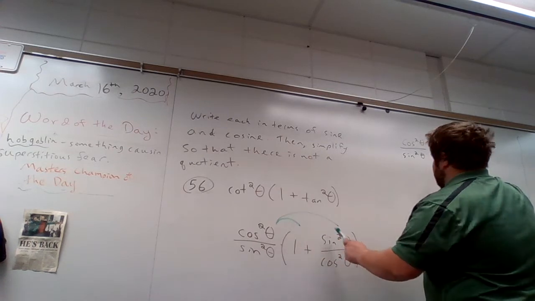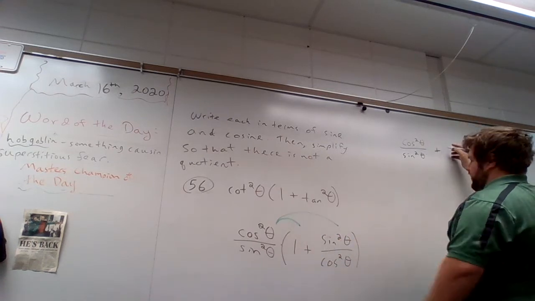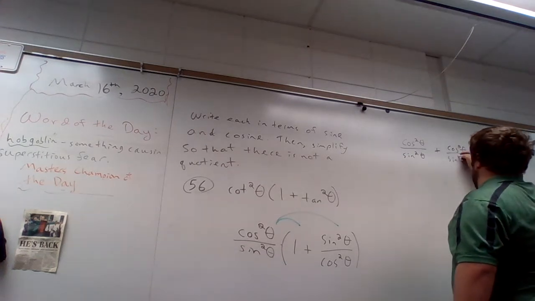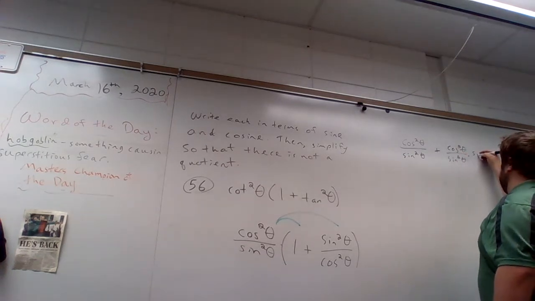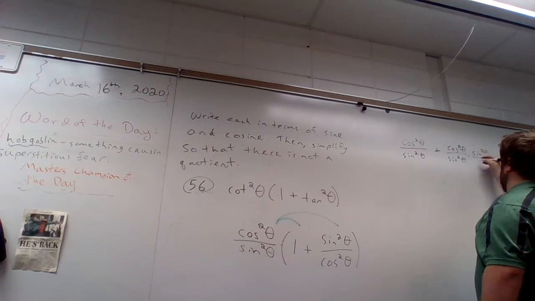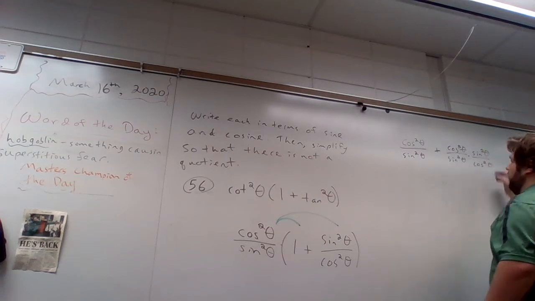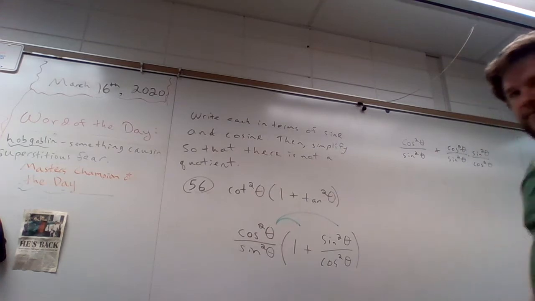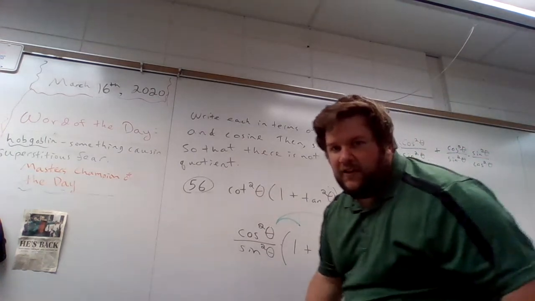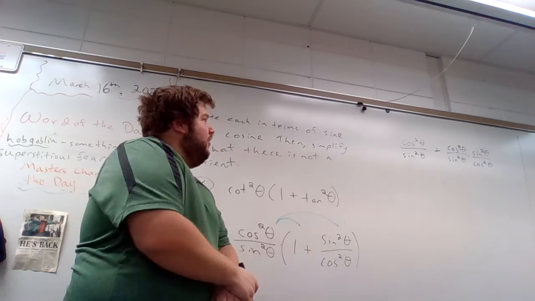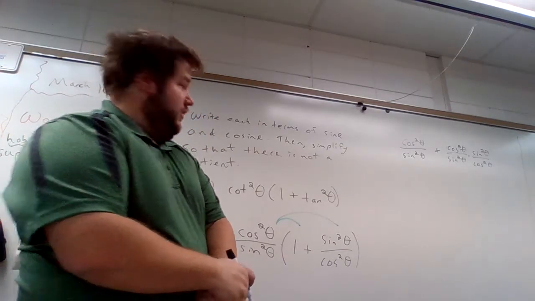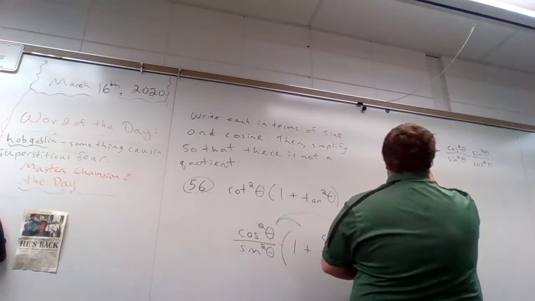And then this times this is cosine squared over sine squared times sine squared over cosine squared. Okay, so it looks like a hot mess. It's actually not so bad, okay? I think I got everything on the screen there. Yep, okay. So the cosine squared over sine squared, that is cotangent squared, right? That we had originally.